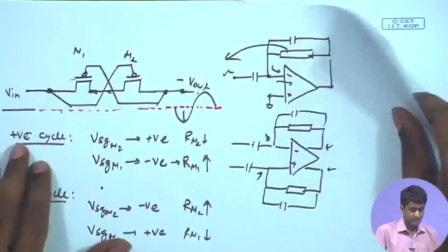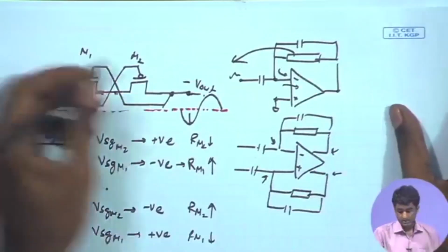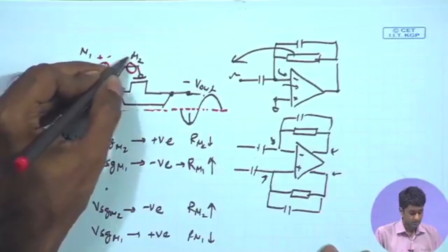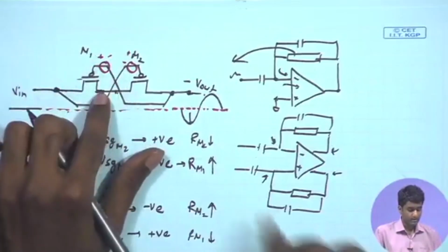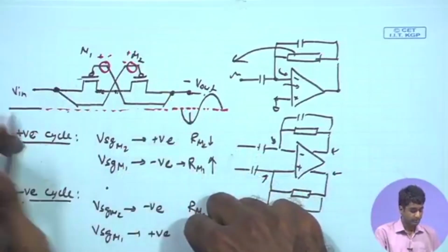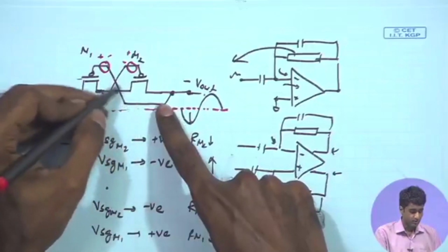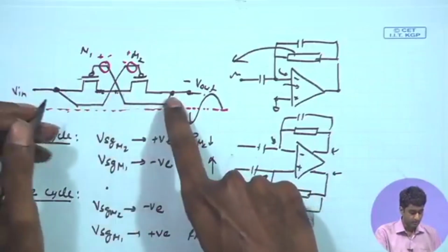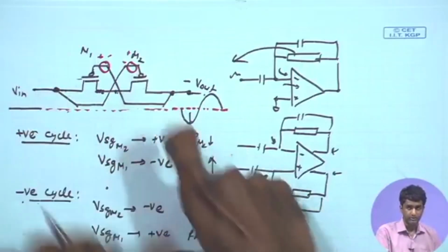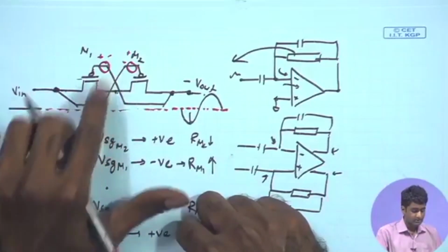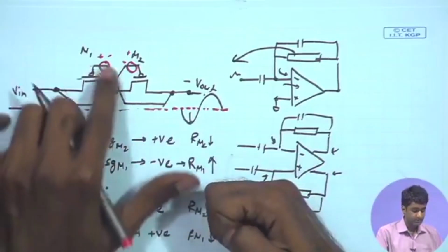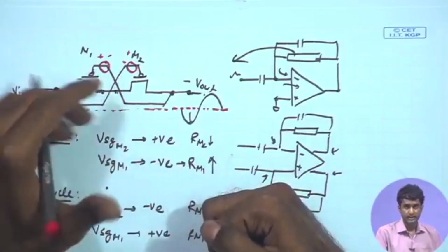So, the basic mechanism involved in tuning is that we want to intentionally add a kind of battery over here, with the help of which we can adjust the resistance level that we are going to have. For example, if we ensure a significant voltage drop between the V out and the gate, likewise if we ensure some significant voltage drop between the V in and the gate of the M2, the transistor which is getting on will be getting on more strongly, and likewise the transistor which is getting off will not be staying off that strongly.